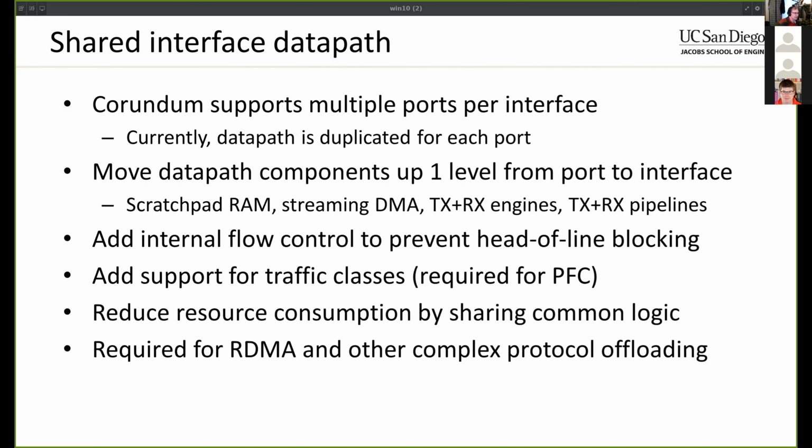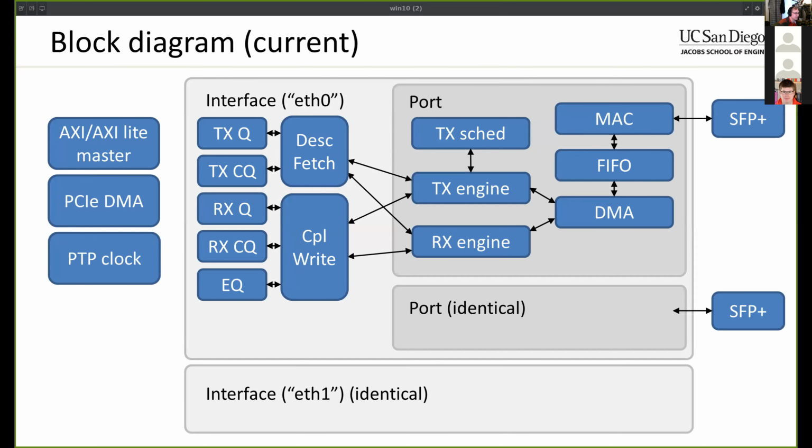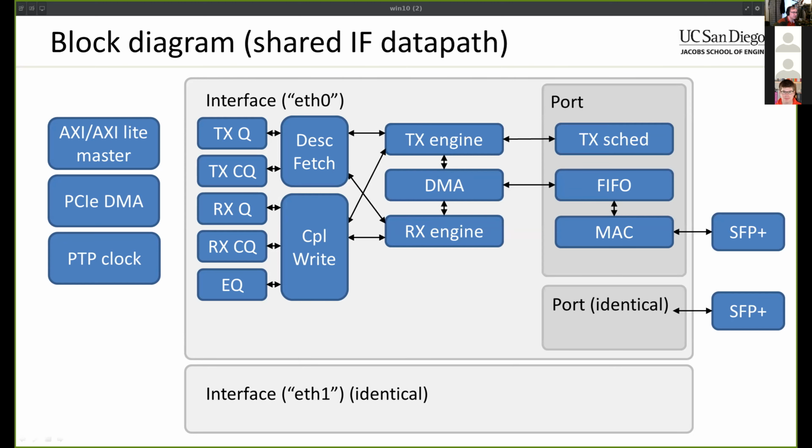I showed these same slides in a presentation a couple of weeks ago. This is what the block diagram currently looks like for Corundum, and this is the way it's currently set up. With the shared interface data path, we're going to pull these components that don't really need to be dedicated to each port into the interface, and then each port will have just the transmit scheduler FIFO, and then whatever interface logic is required, the MAC or whatever.